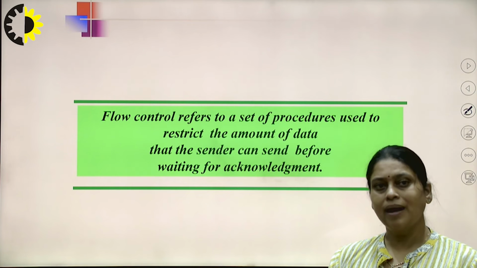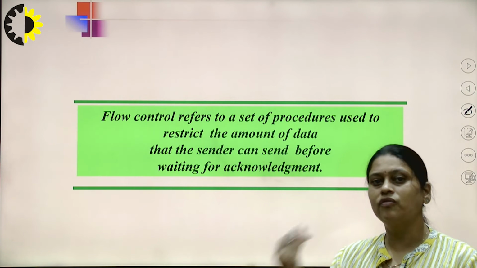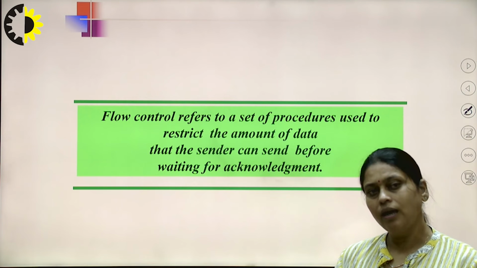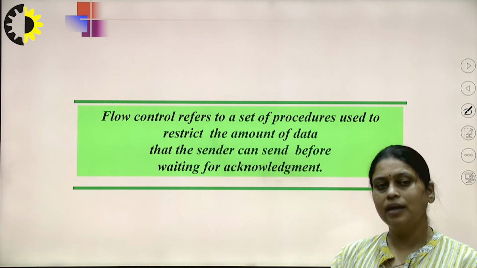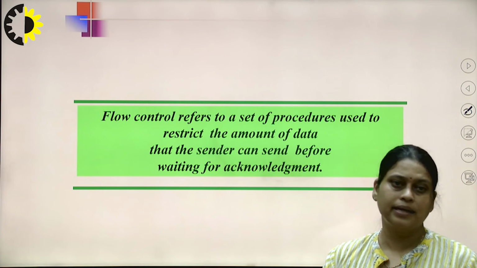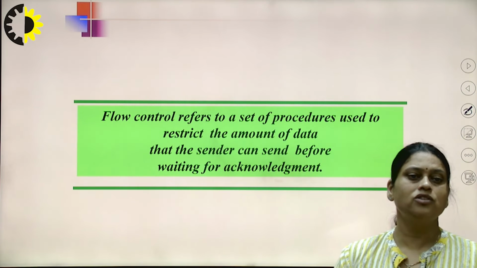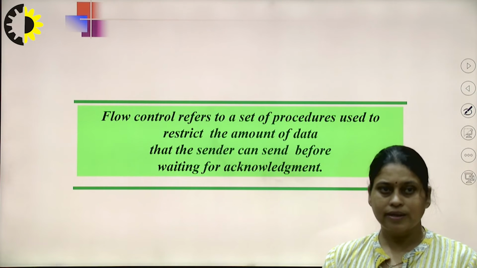The flow control method restricts the amount of data. It means the sender will only send the amount of data that the receiver can receive at that time, so that no overflow condition will occur at the channel.